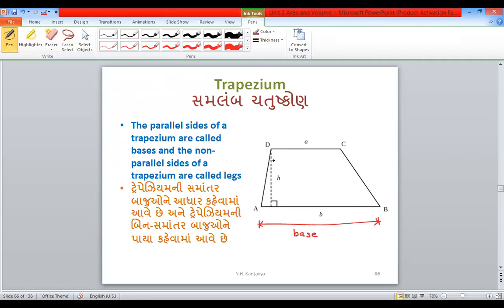And what you define as the height, that one, we will call the leg. Then height is always perpendicular to this type of side.